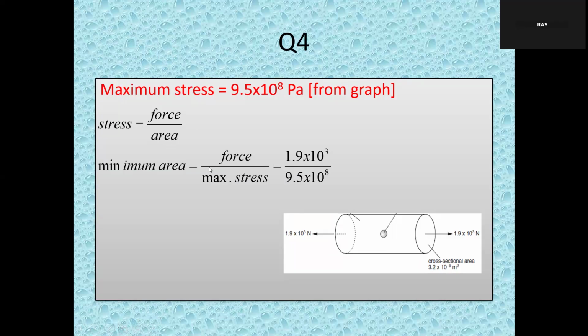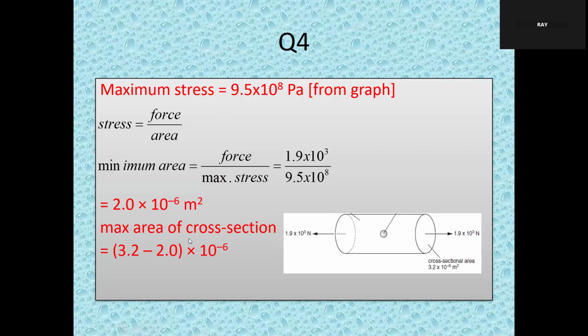Maximum stress, minimum area. That's the force given. That's the stress. There is 2 times 10 to the power minus 6 meters squared. Maximum cross-sectional area of the bubble is 3.2 minus 2.0.